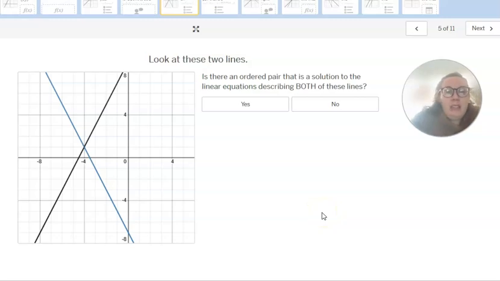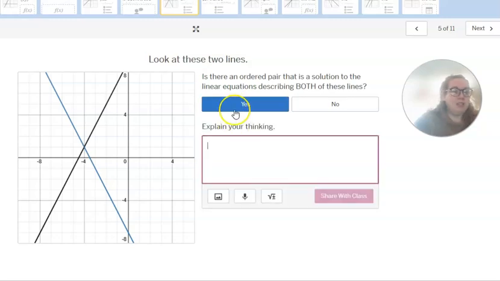Look at these two lines. Is there an ordered pair that is a solution to the linear equations describing both of these lines? Are these two lines intersecting, and where? We can see that these lines are definitely intersecting, and we see that happening right here where they cross, X marks the spot. So we could say these two lines do intersect.